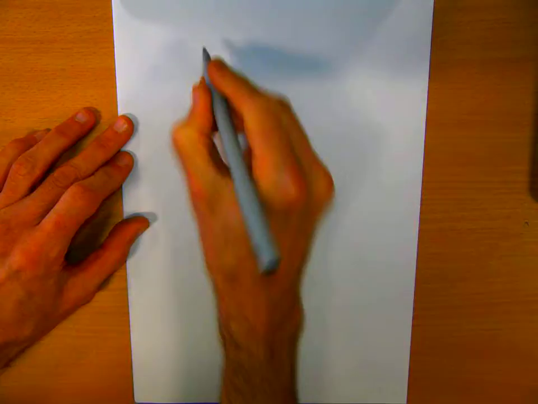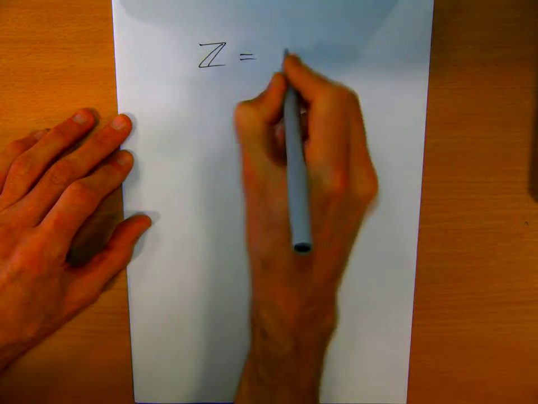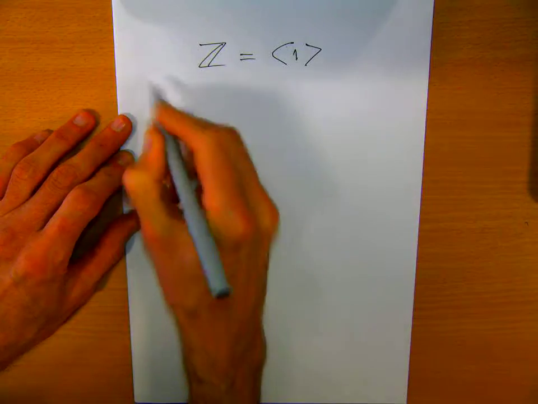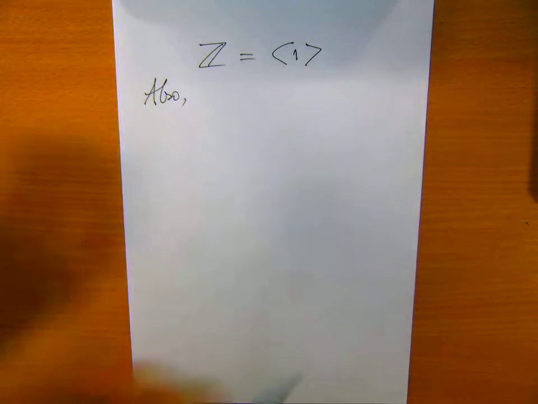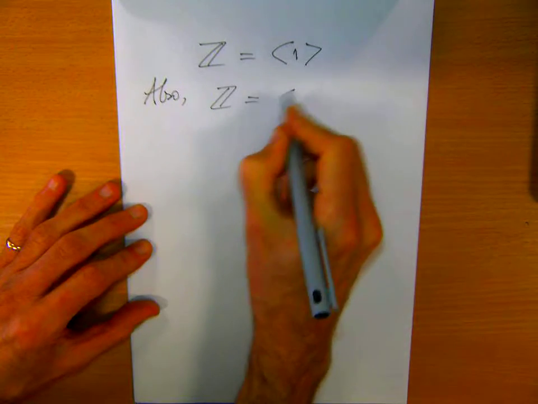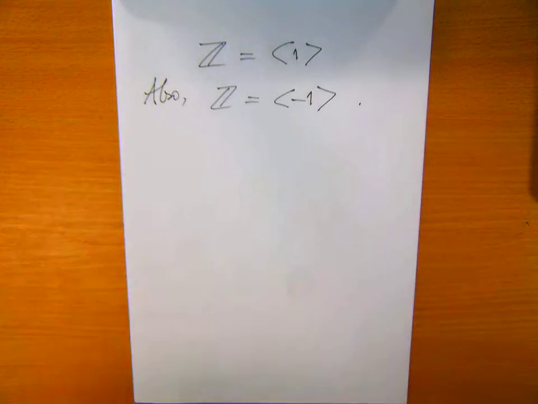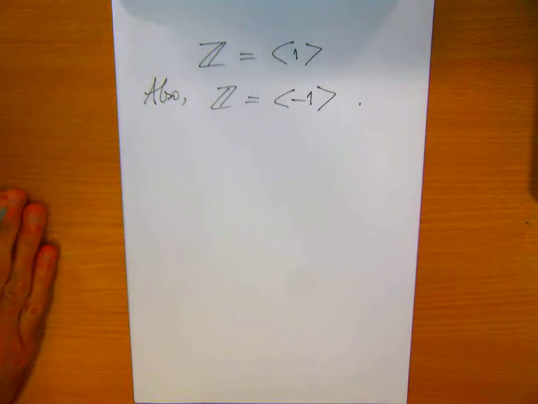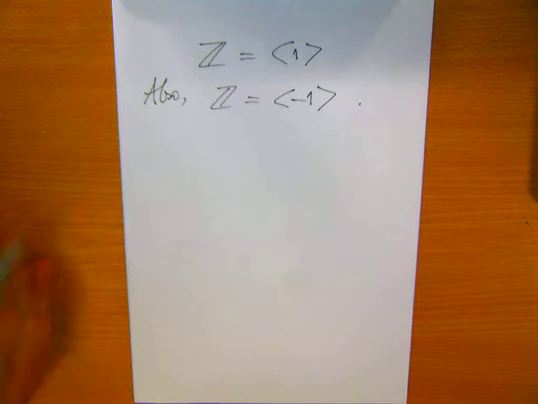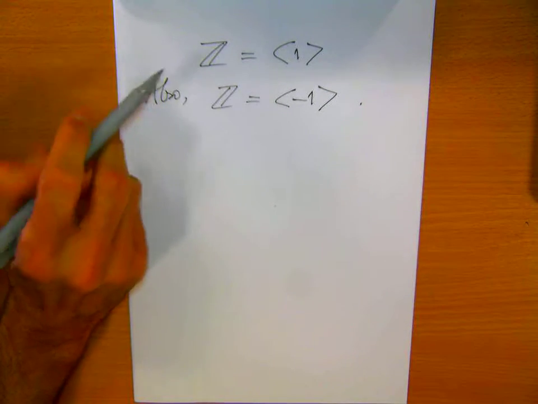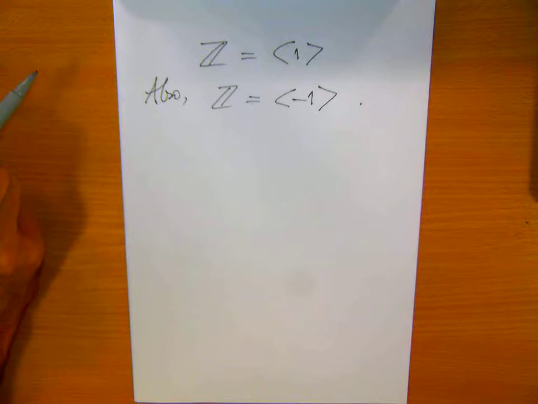Okay, so we've got that Z is generated by 1, but also just by turning around my positives and negatives, you see that Z is also generated by minus 1. In fact, 1 and minus 1 are the only generators of the integers. I'll leave you to think about that.